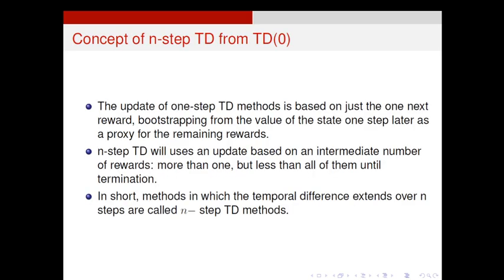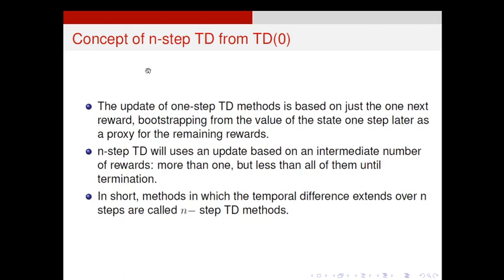So first of all, discuss the concept of n-step TD as a transition from ordinary TD to a more updated version. Our ordinary TD is TD0. That means we simply update the existing state value by bootstrapping a single step forward.